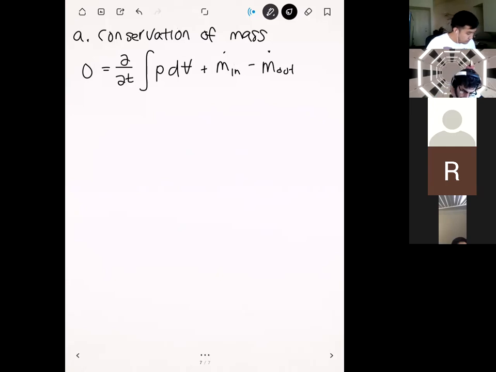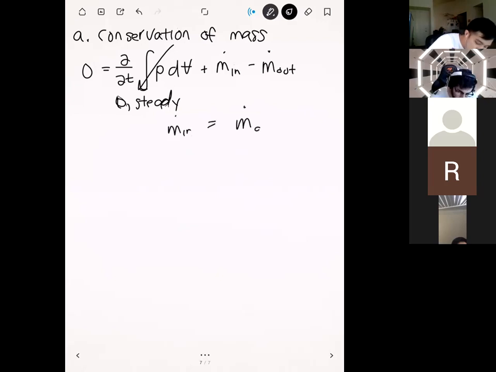Okay. And so since we're doing an angular momentum problem, we know that this is going to be steady. Okay, so we can say that this is going to be 0 right here. Okay. And so when we write this out, then we get that m dot in is equal to m dot out, as is the case with steady conditions.